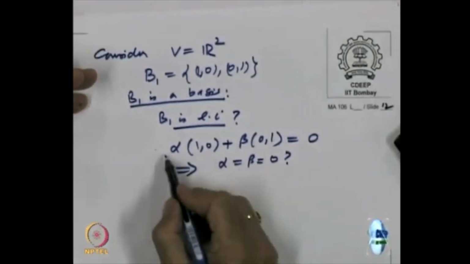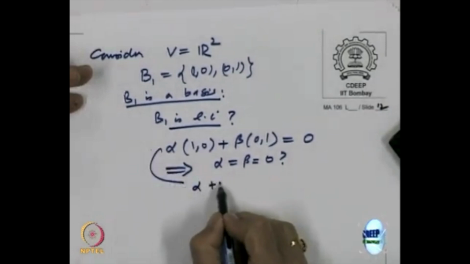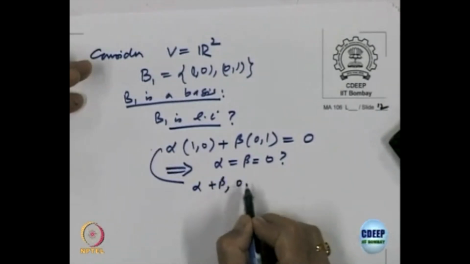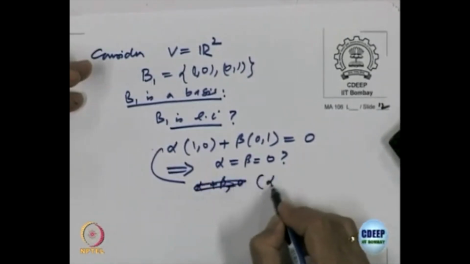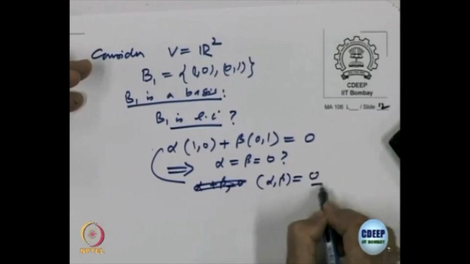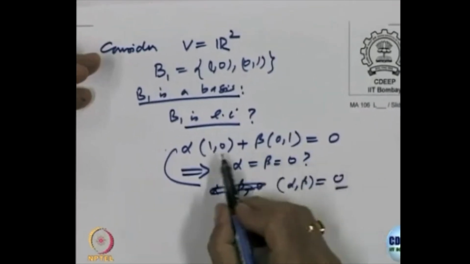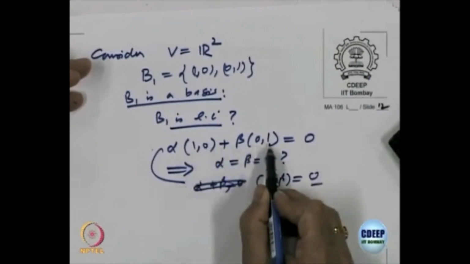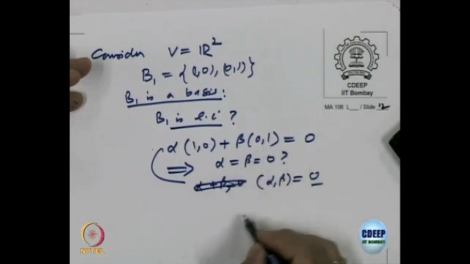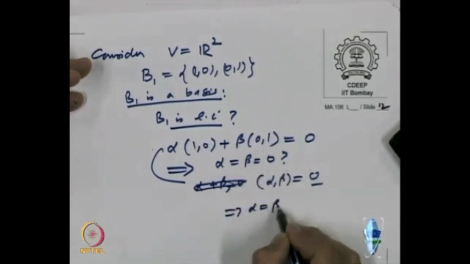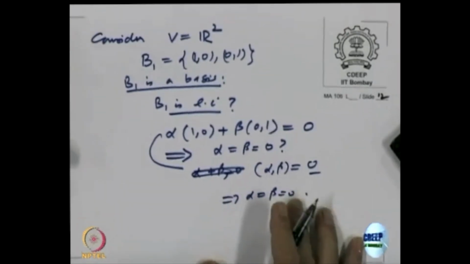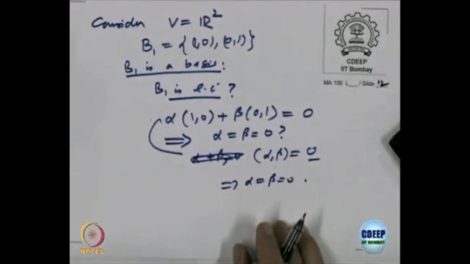This is the same as saying (alpha, beta) equal to (0, 0), and that implies alpha equal to beta equal to 0. So it is linearly independent. I should check either that it is maximal or that it generates; either is okay.